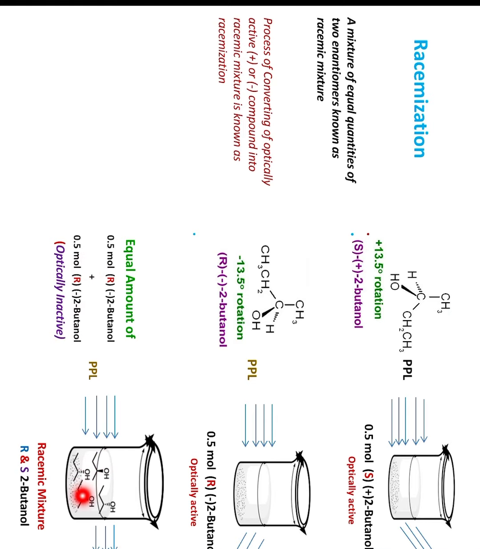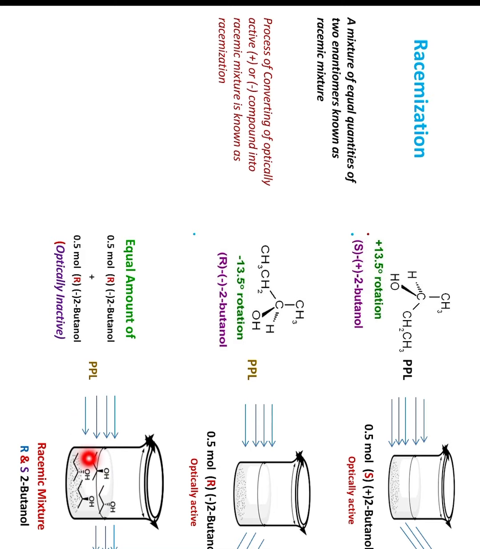Both molecules are present in this solution in equal amounts. So when the plane polarized light passes through it, the S molecule will rotate it in the left direction, and the R-butanol present in this solution will rotate it in the right direction. So the net rotation will be 0.